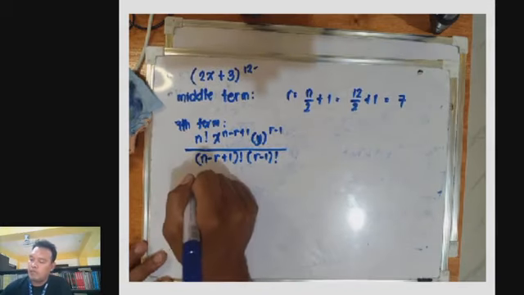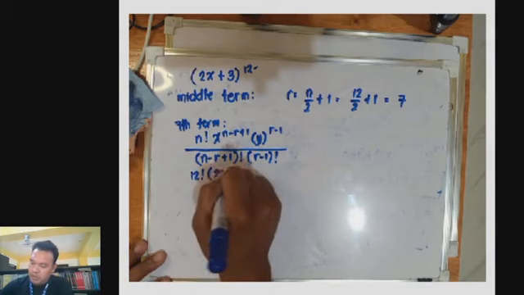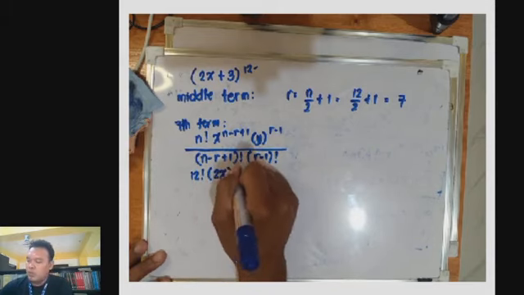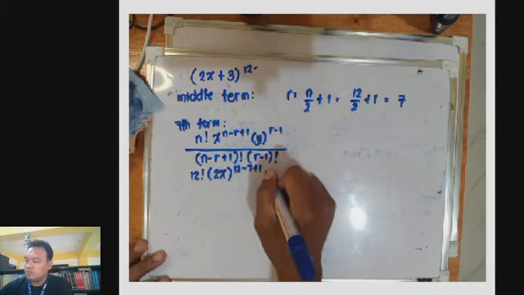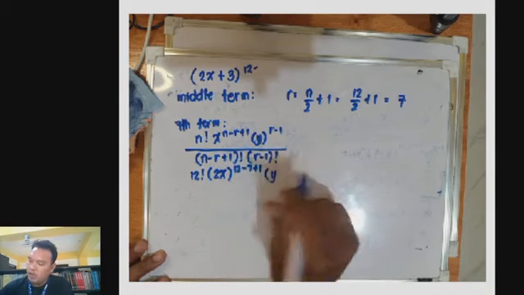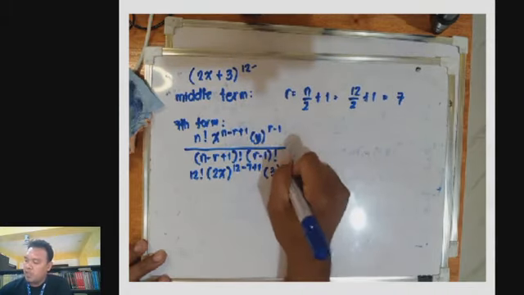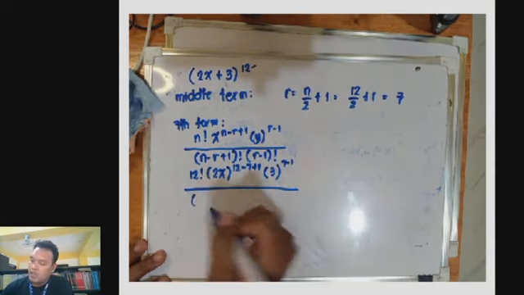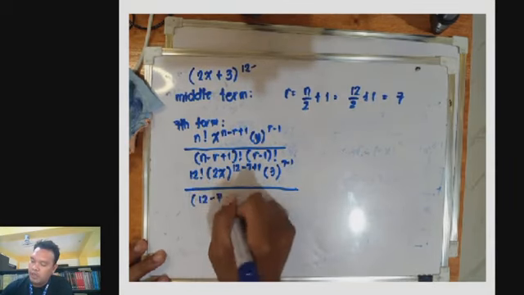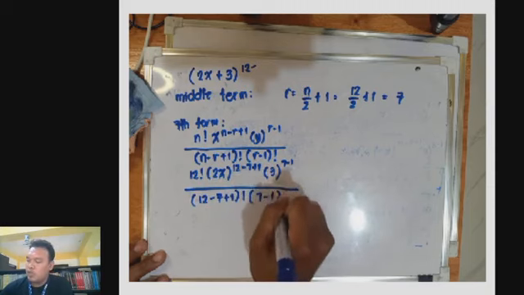So n is equivalent kay 12 factorial times 2x raised to 12 minus 7 plus 1, y or yung y natin na yung 3 raised to 7 minus 1 all over 12 minus 7 plus 1 factorial 7 minus 1 factorial.